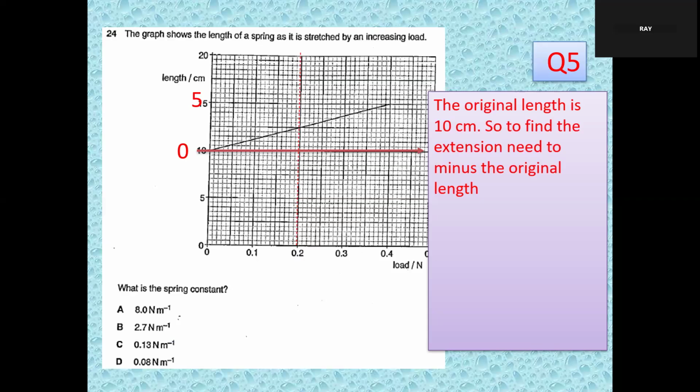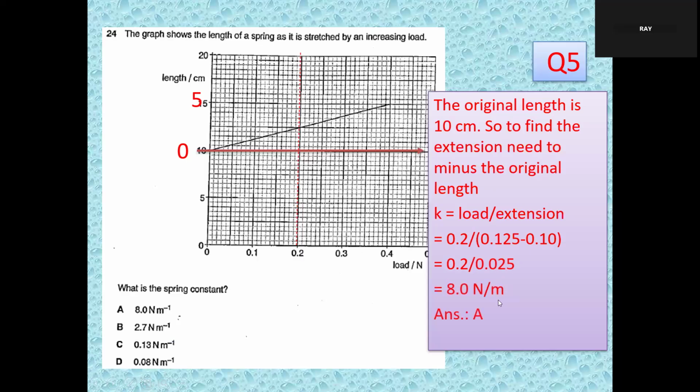Original length is 10 cm, so to find the extension, we need to minus the original length. K is load over extension. So load is 0.2. Extension, if we take 0.2, then this will be 12.5. Change it to meter. 0.1125 minus 0.1. Answer is A.